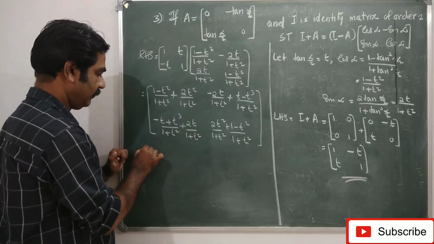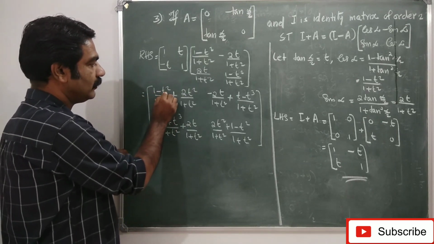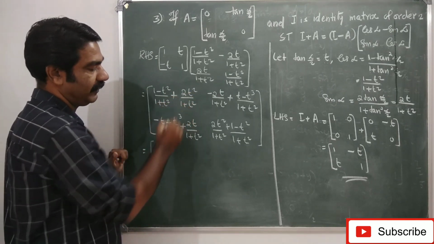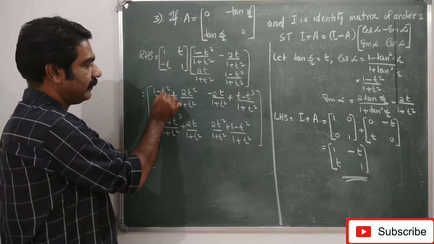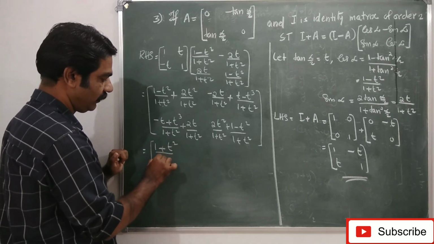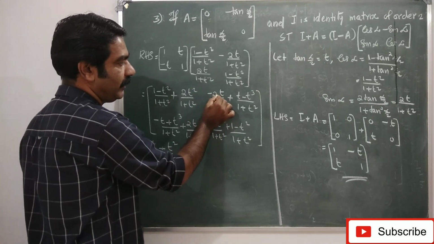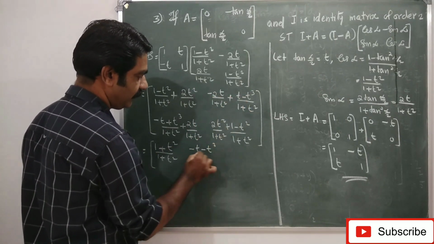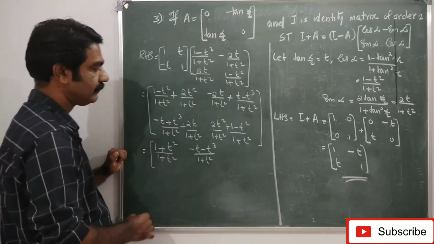This is the product. Now we can simplify this. The denominator is common, so we can add the numerators. 1 minus t square plus 2t square becomes 1 plus t square, by 1 plus t square. Here minus 2t plus t becomes minus t, then minus t cube, divided by 1 plus t square.